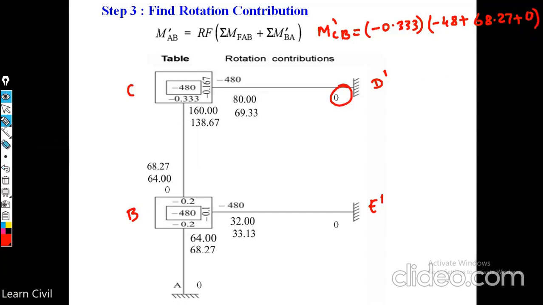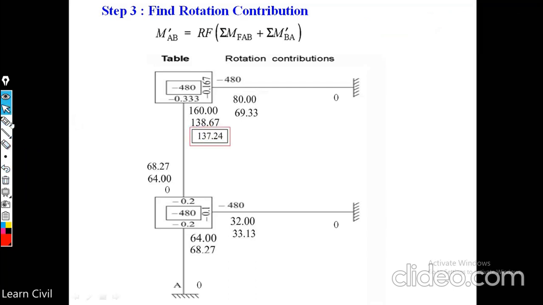So this will be equal to 137.24. Just write down this value here.